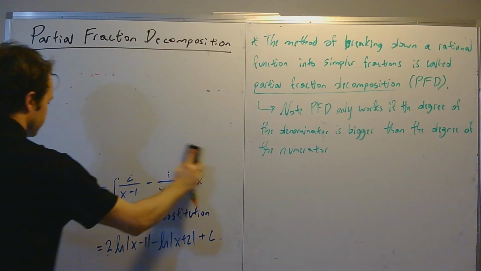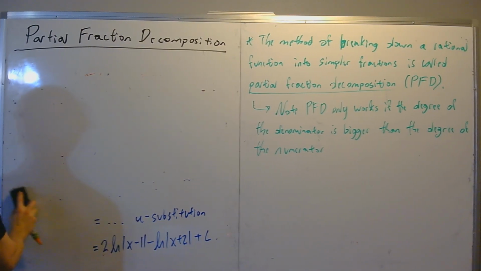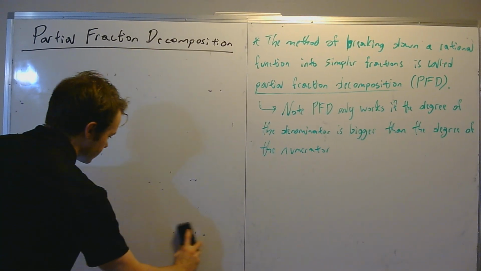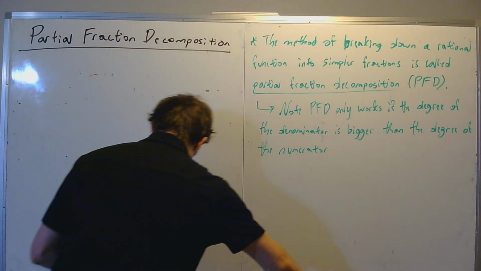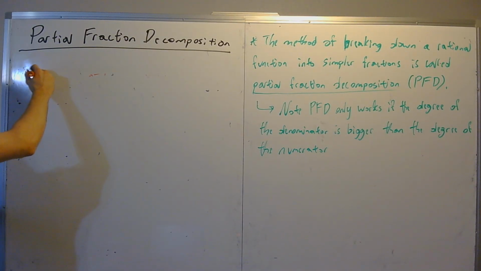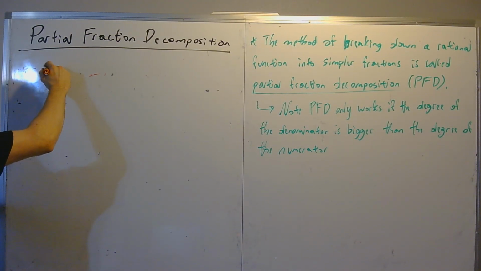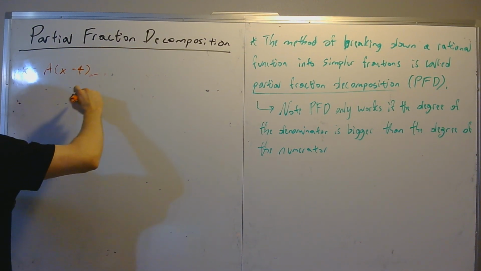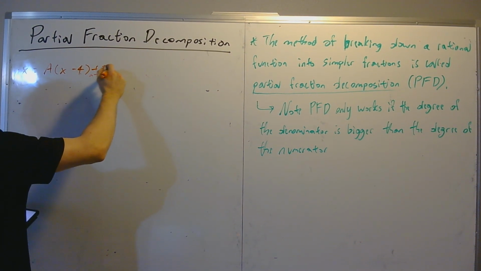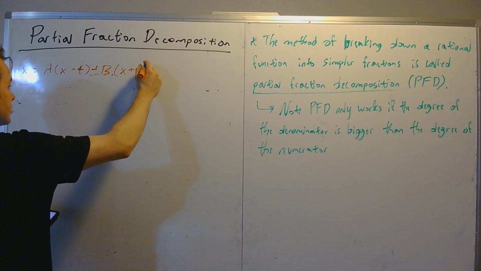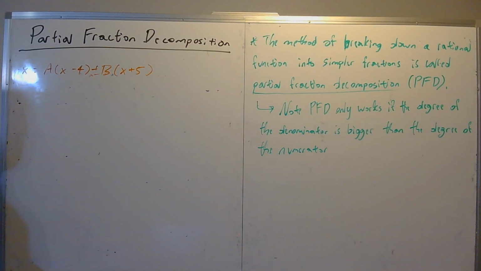Let me erase this first. Okay. So we know that x equals a times x minus 4 plus b times x plus 5, right? So that's the equation that I wrote down on the other board that I just rewrote here.